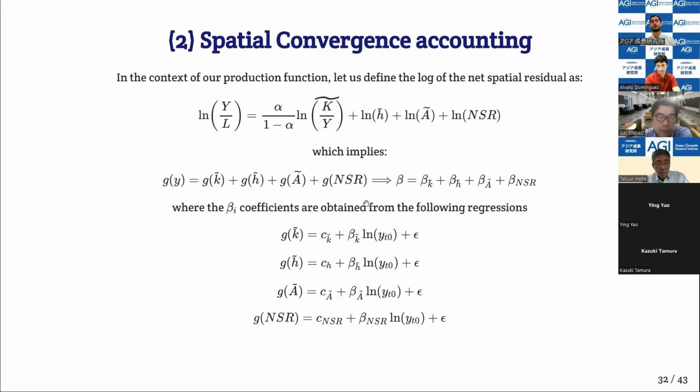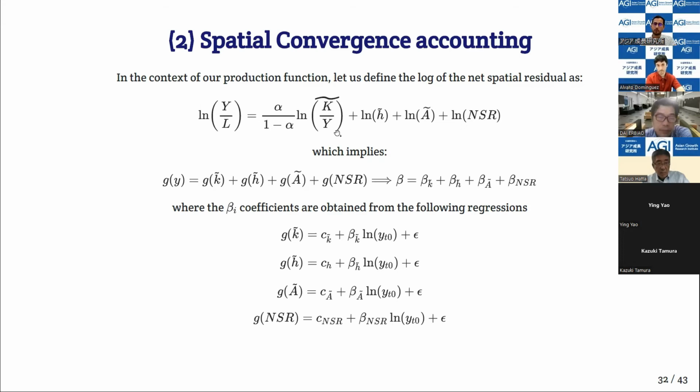Now we want to go beyond. So we are going to talk about spatial convergence accounting. What does that mean? We can have the same production function and show that the level of income per capita is going to be equal to this sum of variables that are spatially filtered and then a net spatial residual.